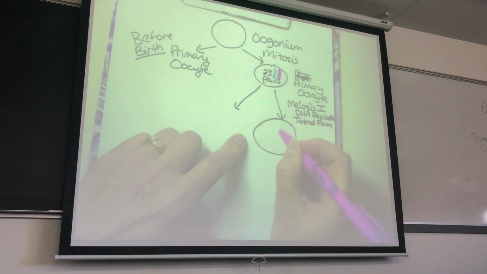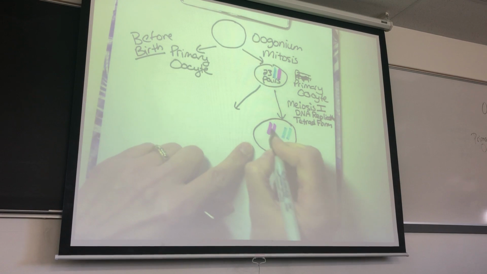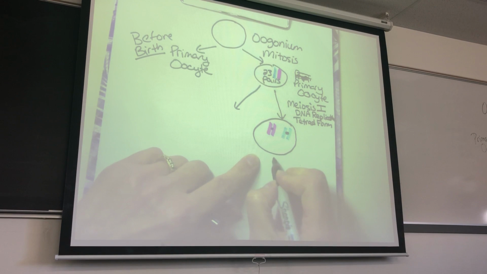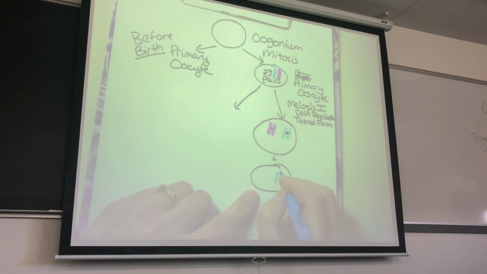What that means is that we have 2 of those now because we replicated. And they're linked together, right? And then those become a tetrad. So now we have them all linked together like one big happy family. So everything's linked together.